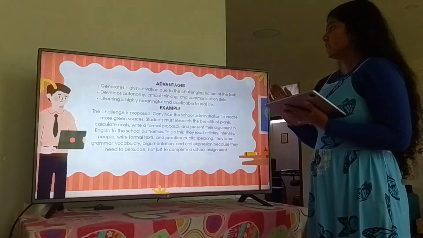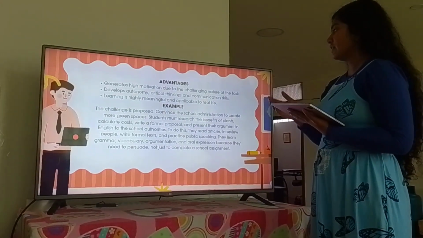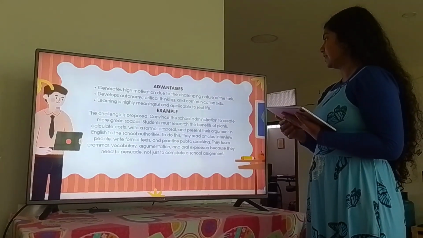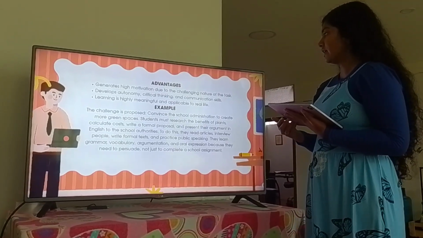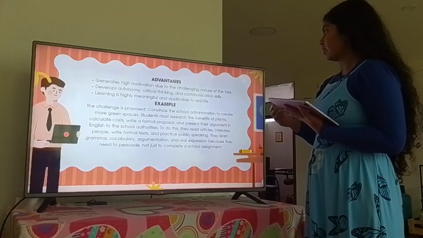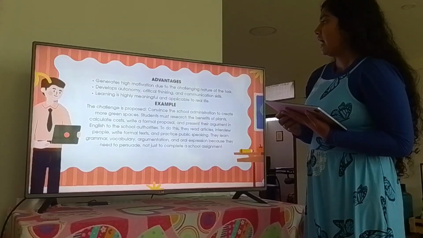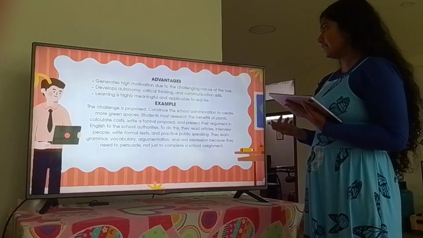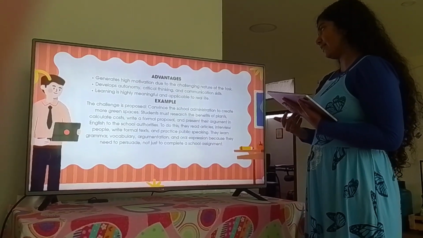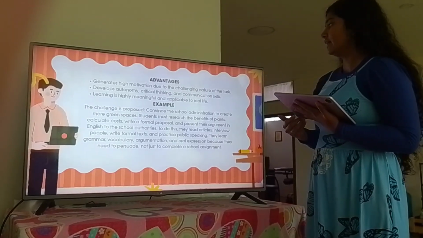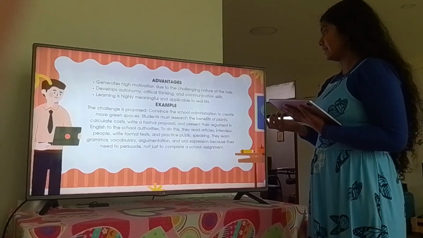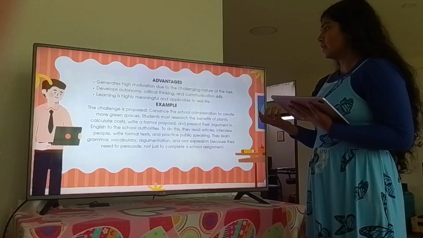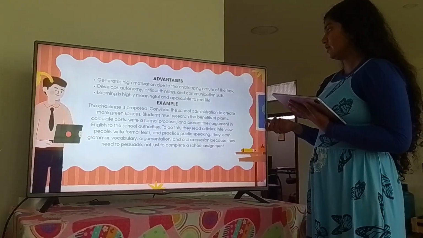Advantages. Generates high motivation due to the challenging nature of the task. Develops autonomy, critical thinking, and communication skills. Learning is highly meaningful and applicable to real life. Example. The challenge proposed is to convince the school administration to create more green space.